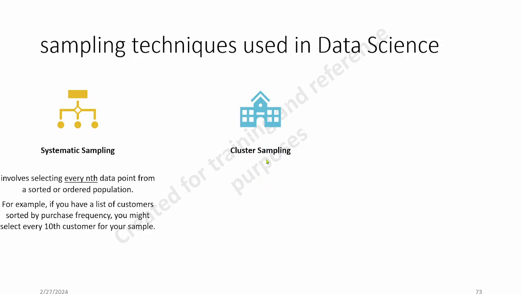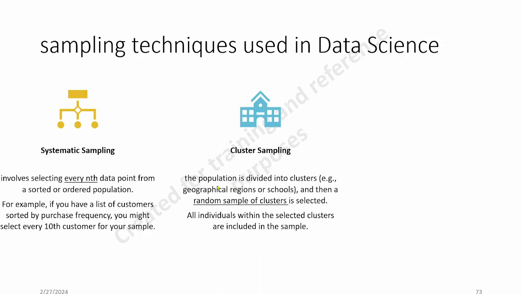One more technique is called cluster sampling. Here the population is divided into clusters, for example geographical regions, and for each region you could have schools or hospitals. Then we pick a random number of regions.